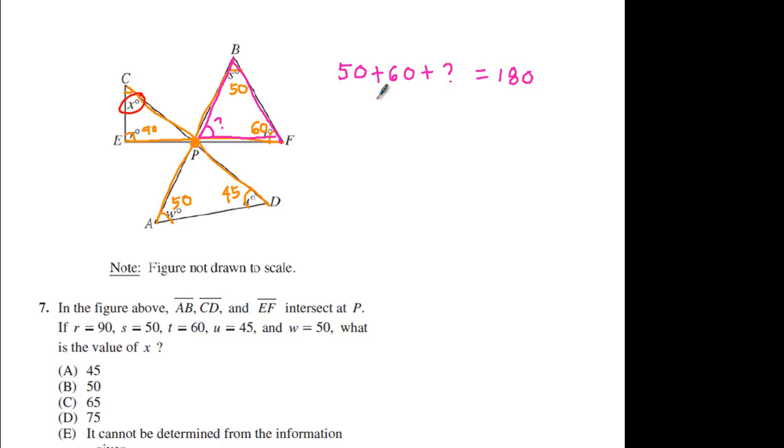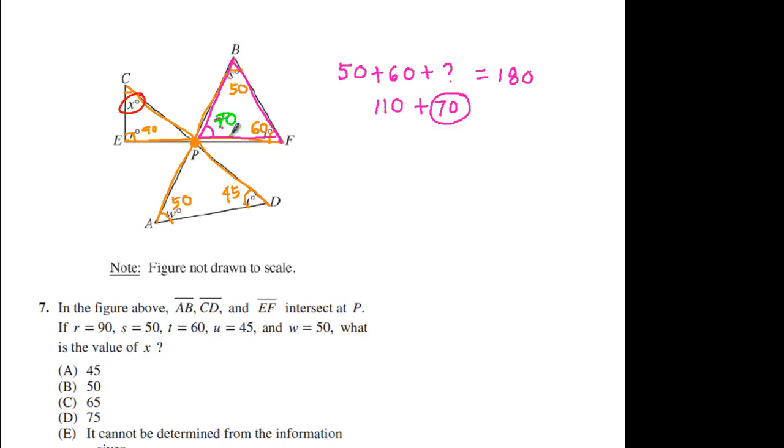So 50 plus 60 is 110 plus what number to get 180? So clearly it should be 70. So we therefore know that the measure of this angle is 70 degrees.